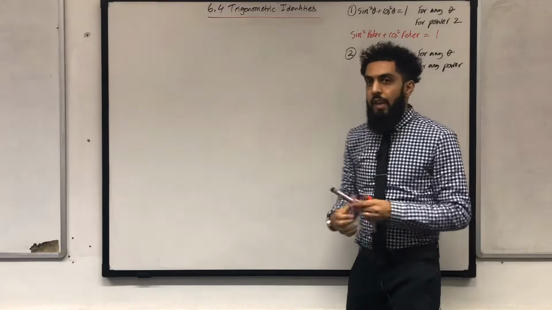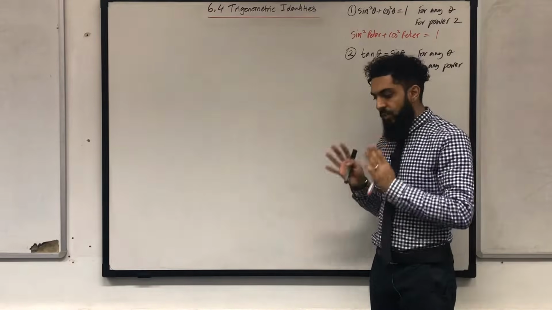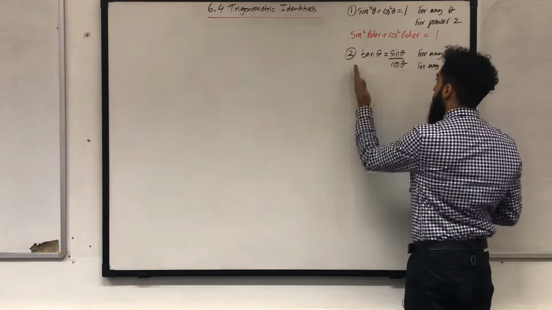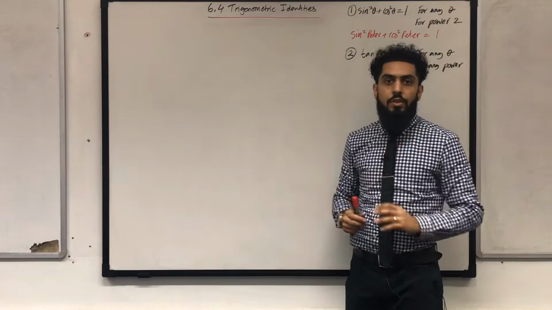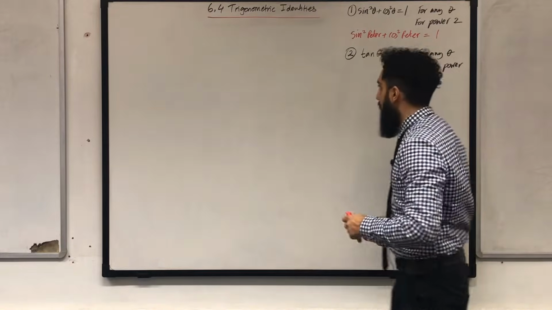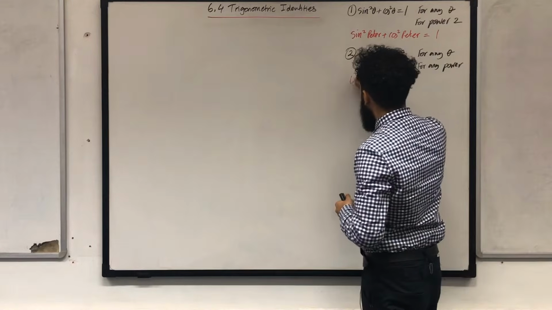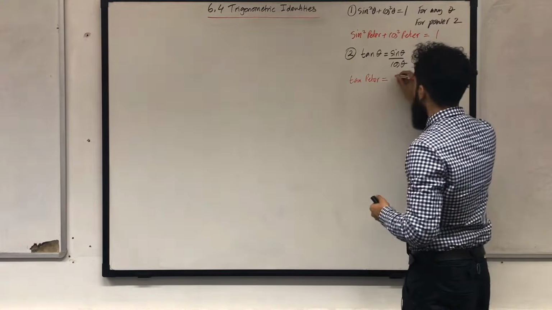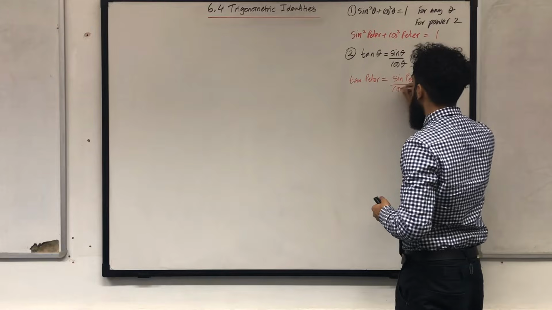For example, if I square both sides, I get tan squared theta equal sine squared theta over cos squared theta. If I cube both sides, I get tan cubed theta equals sine cubed theta over cos cubed theta, etc. And it's true for any theta, so I can have tan theta is equal sine theta over cos theta.